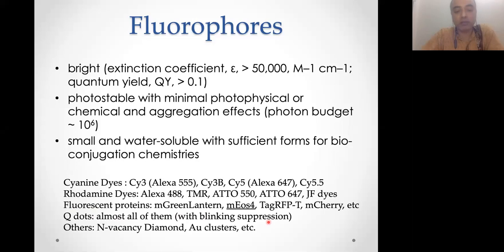But there are ways to suppress blinking, like using thiol groups attached to quantum dots, or having a solution which contains something like BME or something similar. Okay, and there are more exotic molecules like the nitrogen vacancies in diamond clusters, and if you are looking at scattering, you can also use gold clusters, and they seem to be robust tags for single molecule.